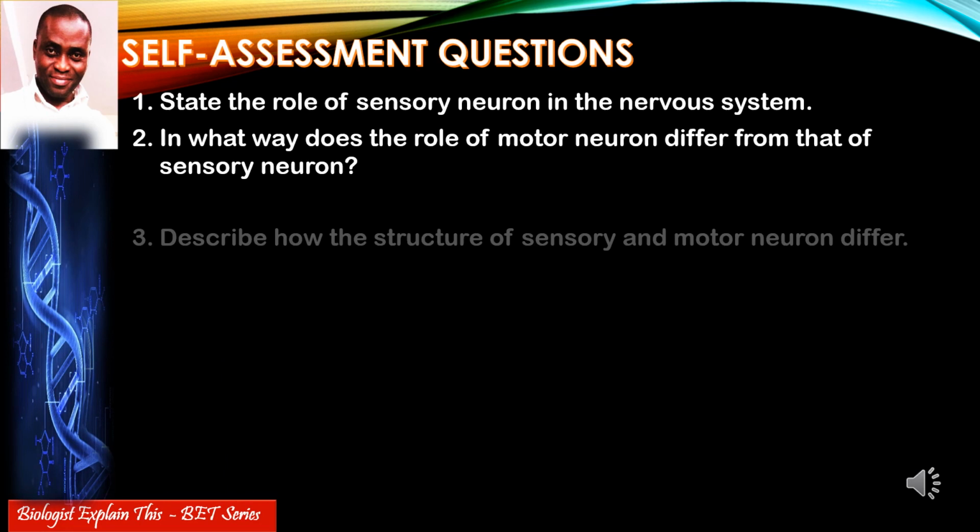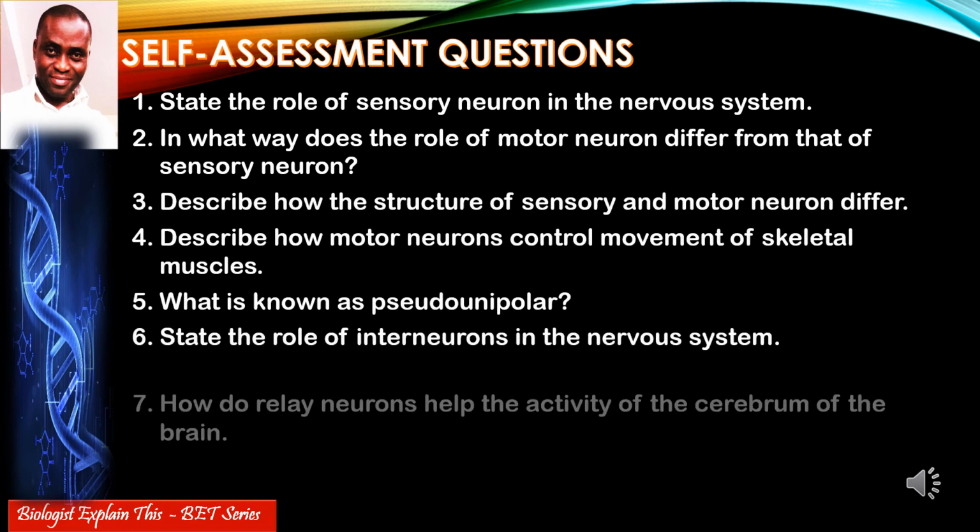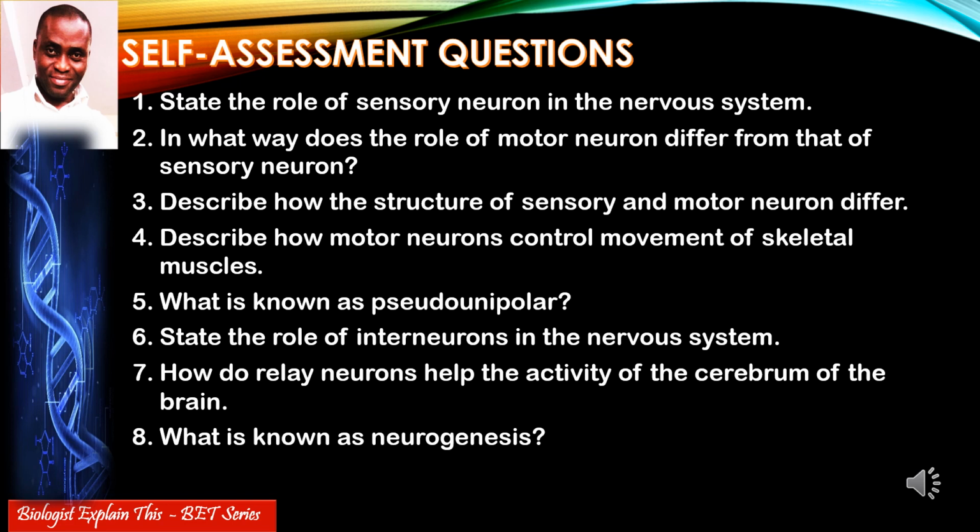As we round off this lesson, let's look at the following self-assessment questions to review what we've done so far and to help understanding of the basic concepts and principles that we've discussed today. One, state the role of sensory neuron in the nervous system. Two, in what way does the role of motor neuron differ from that of the sensory neuron?